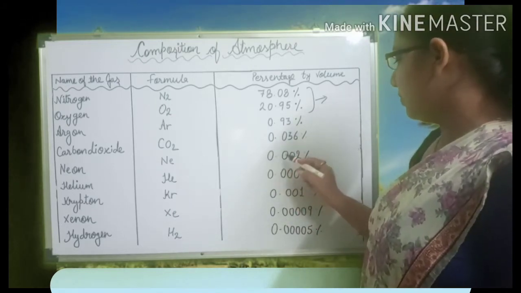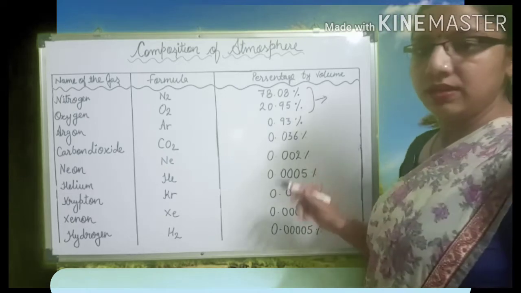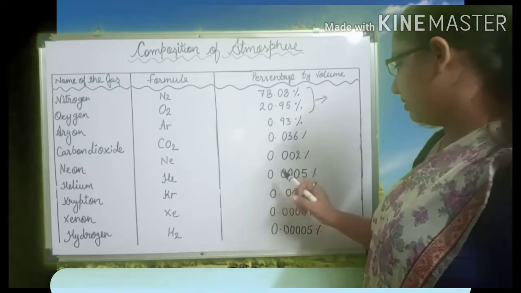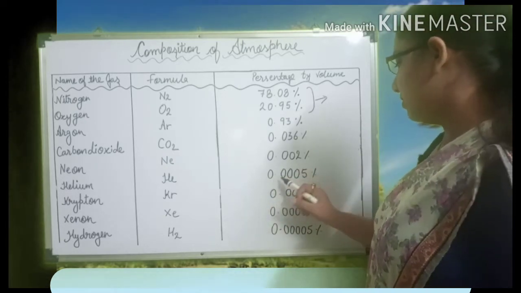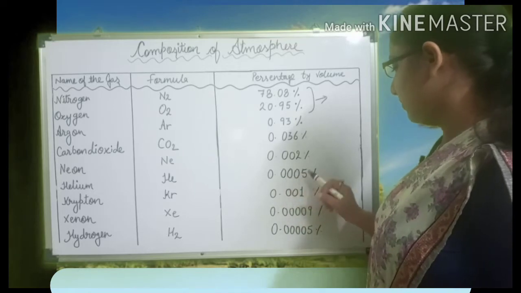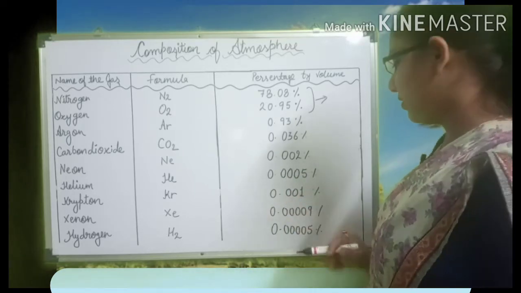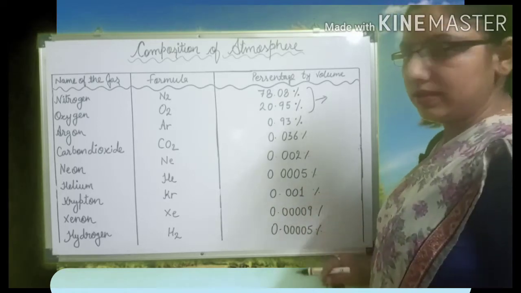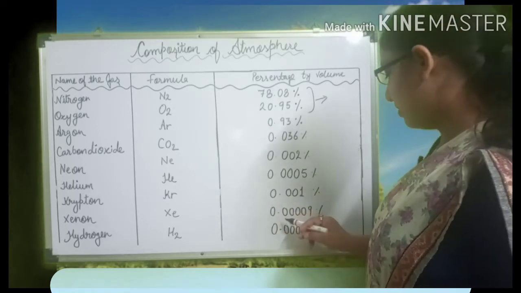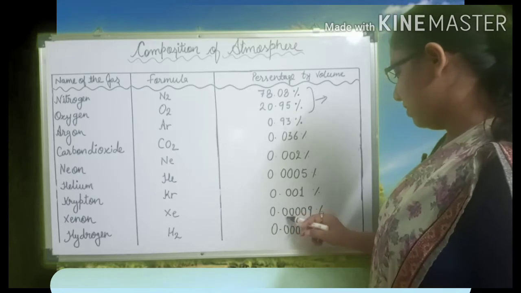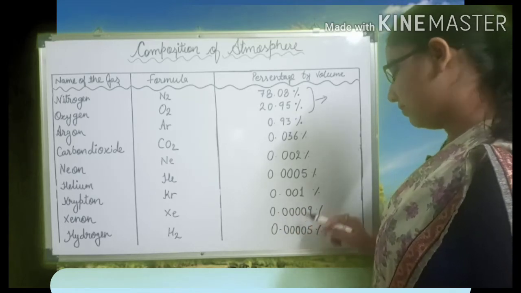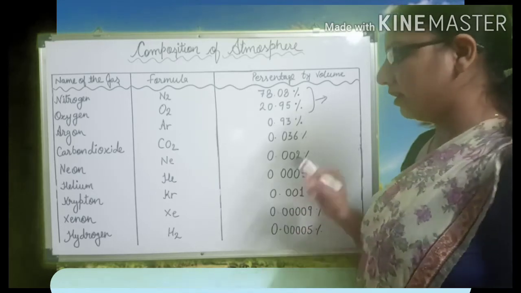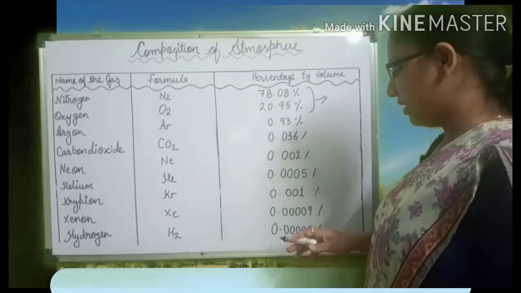Neon is 0.002%, and helium is 0.0005%. After that, krypton is there, that is 0.001%. Then the xenon is there, that is 0.00009%.